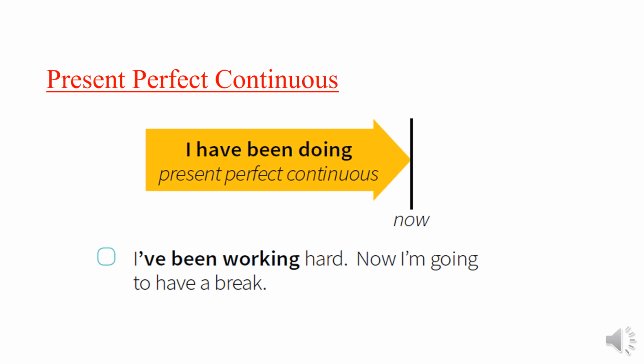From the timeline chart, you can understand that the event or the action, work, started at a specific point in the past and it has a duration in which it continued till this moment and it's going to be finished till the moment right now.